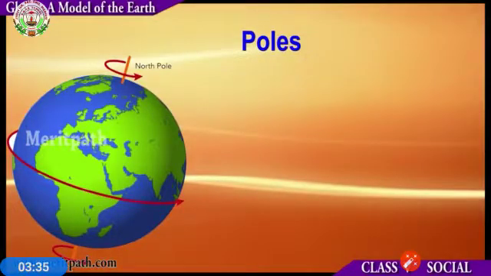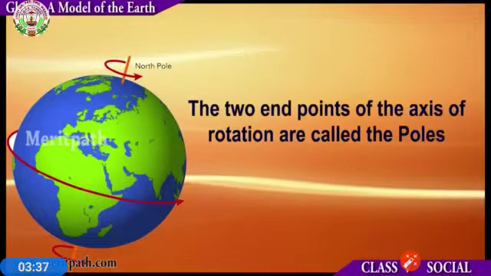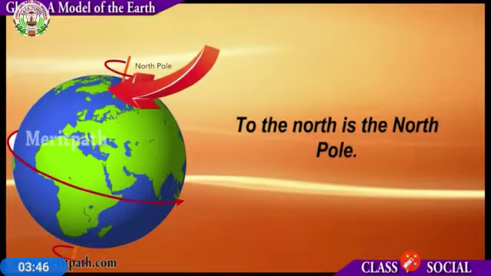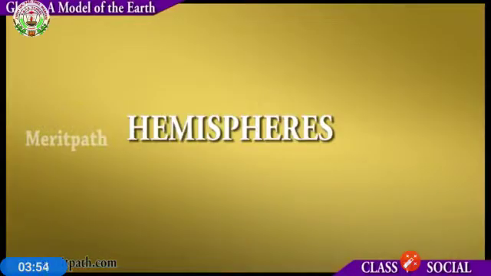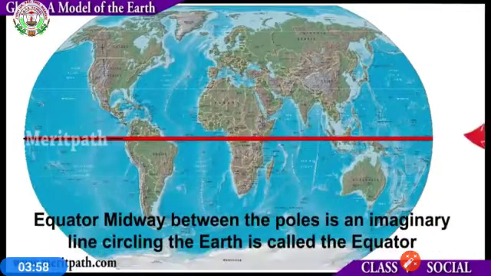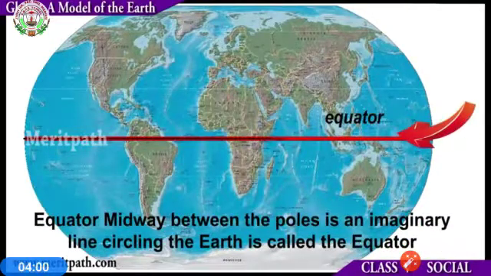Poles. The two end points of the axis of rotation are called the poles. To the north is the North Pole and to the south is the South Pole. Hemispheres. The equator, midway between the poles, is an imaginary line circling the earth.